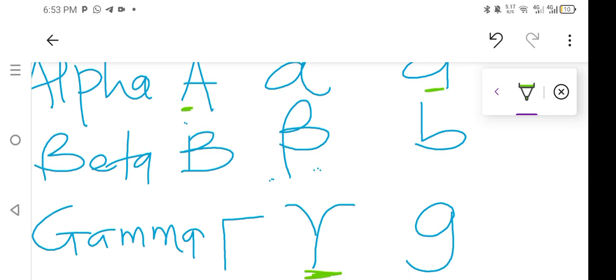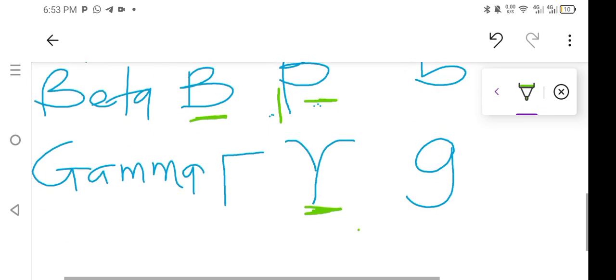The uppercase and the lowercase are very similar. The difference is in the curve right here. You see that? And the protruding tail that goes beyond that the uppercase letter does not have, and it is equivalent to the English B. And you've seen so far gamma.